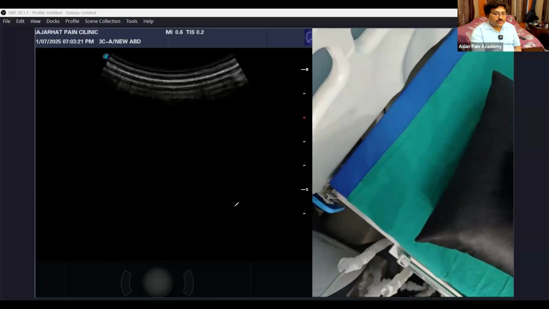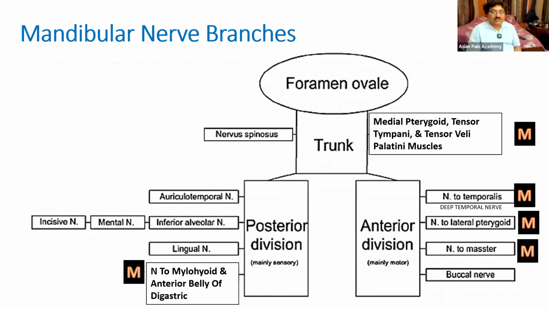Okay, let's continue. We have a very small area which is left. Now coming to the mandibular division. The mandibular division is already described, but remember it also has multiple branches, mainly an anterior and posterior division.